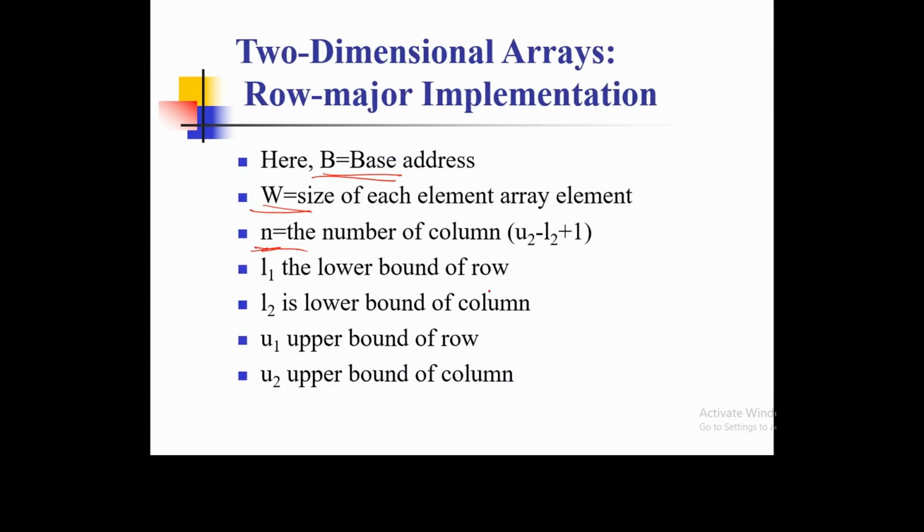Here L1 is the lower bound of the row, L2 is the lower bound of the column, U1 is the upper bound of the row, and U2 is the upper bound of the column. Why is it required? Normally we simply denote an array with its sizes, but we do not show the range.